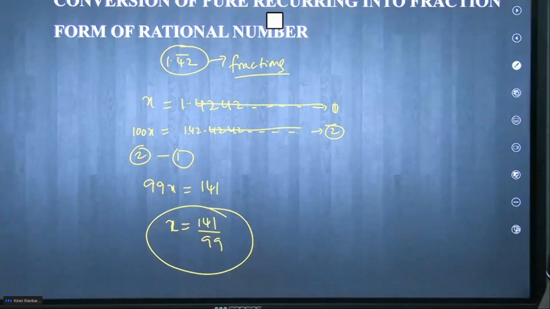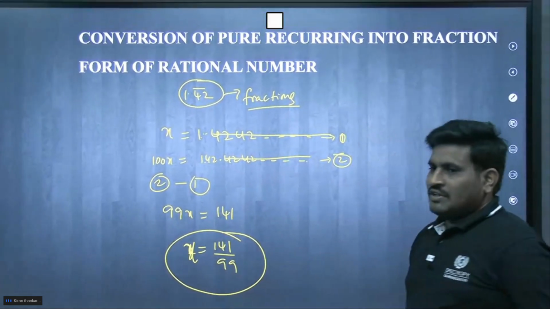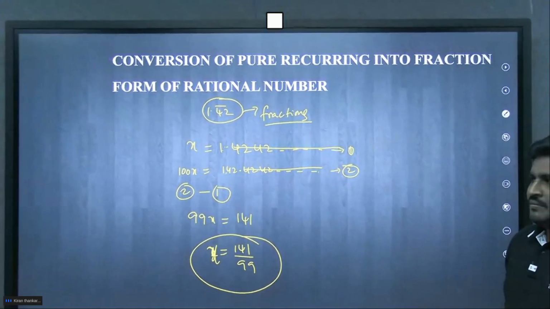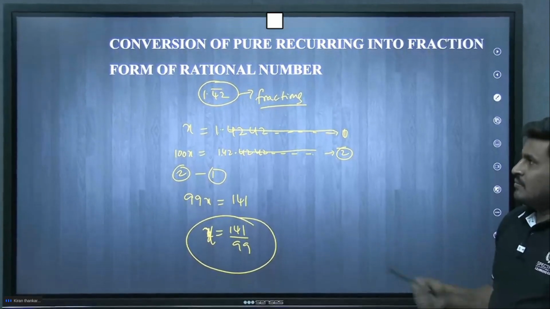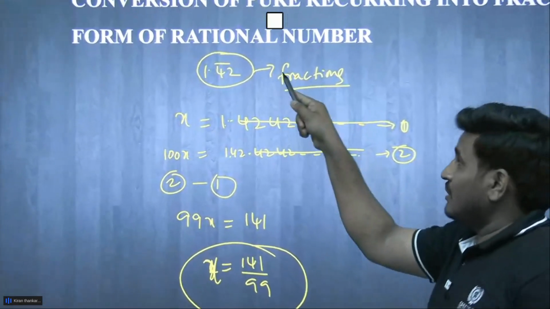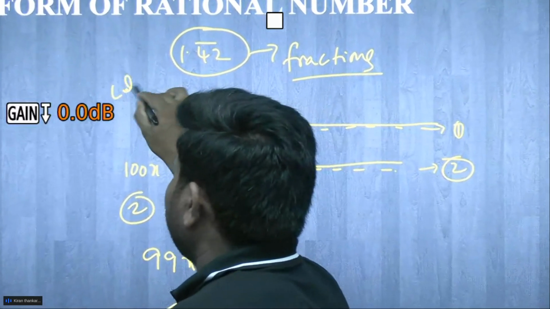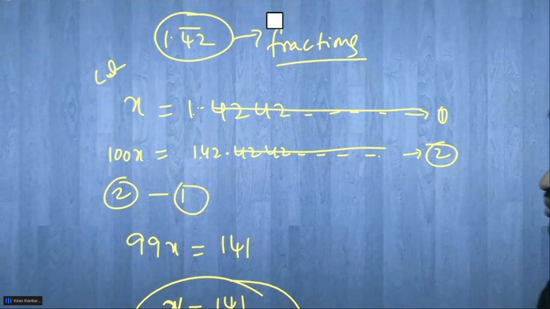I hope you understand this concept. 1.42 bar is a decimal number. To convert it to a fraction, take x as 1.424242.